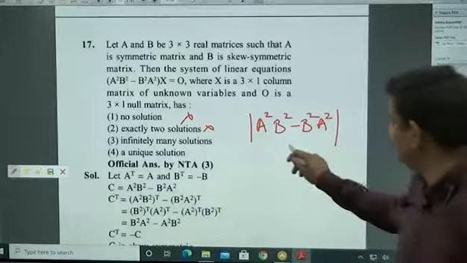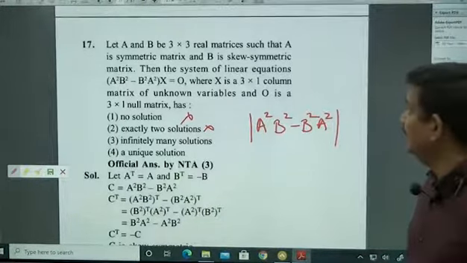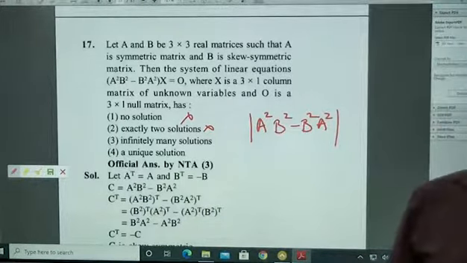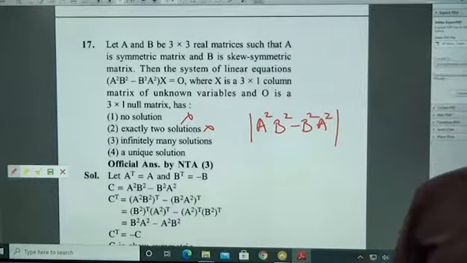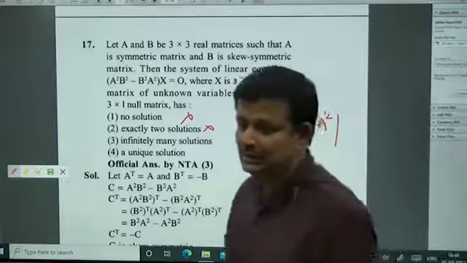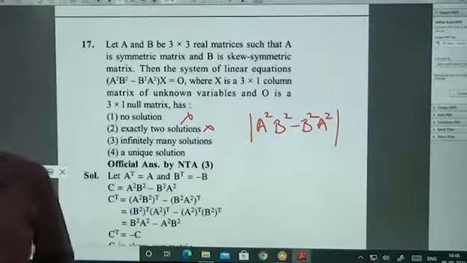So how to say whether this determinant is 0 or not? What is given about A and B? A is a symmetric matrix. B is a skew symmetric matrix. So what can you say about B square and A square?